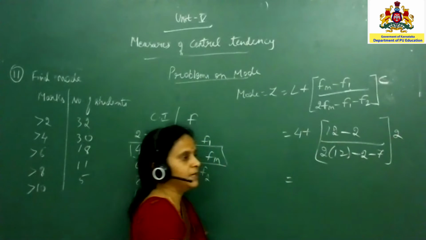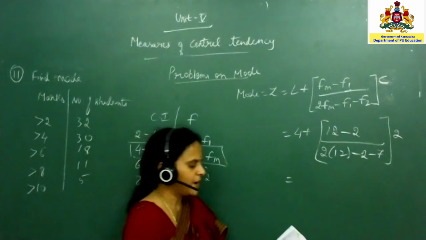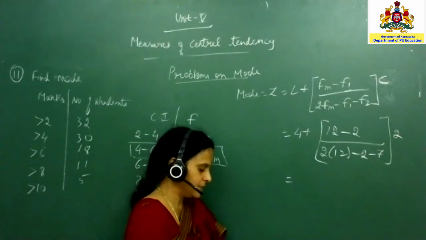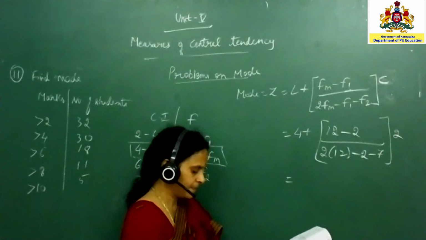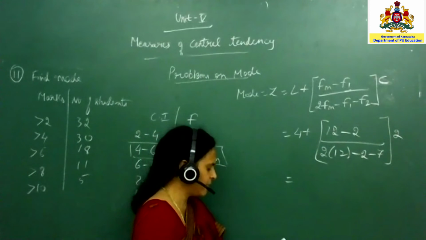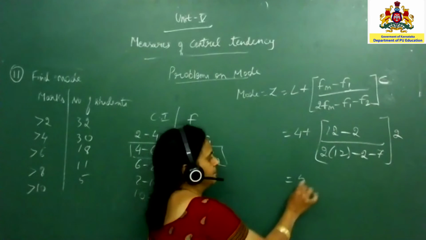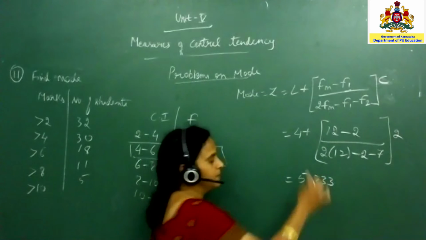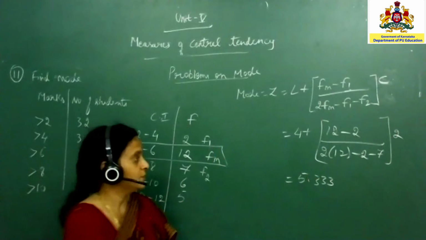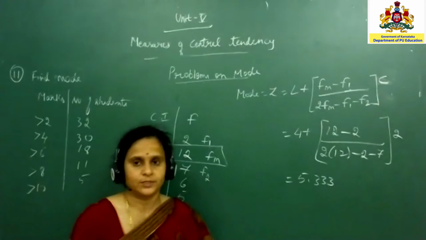Again, simplify like the previous examples. The final answer is 5.333. So this will be the final answer. Just continue it under one of these steps.